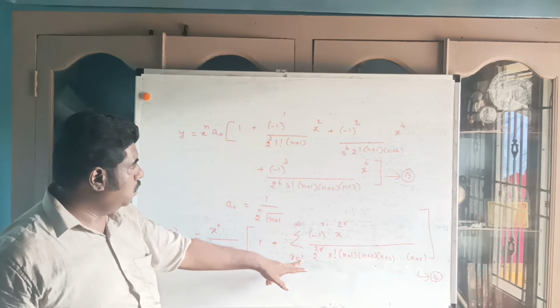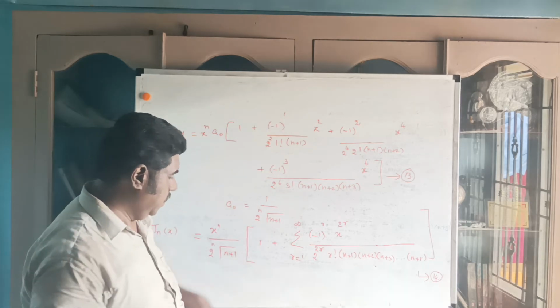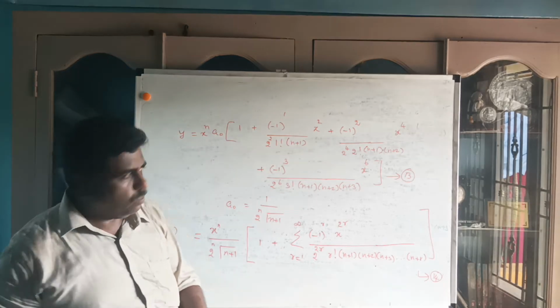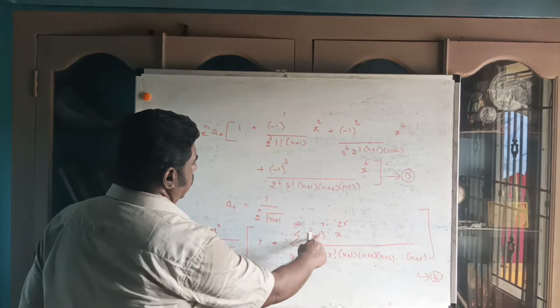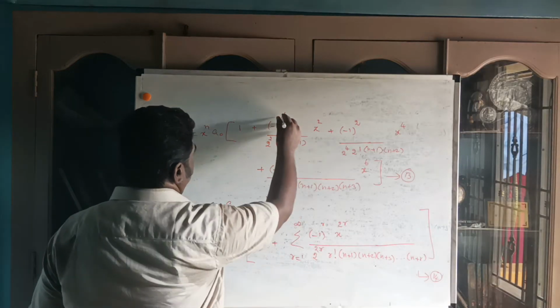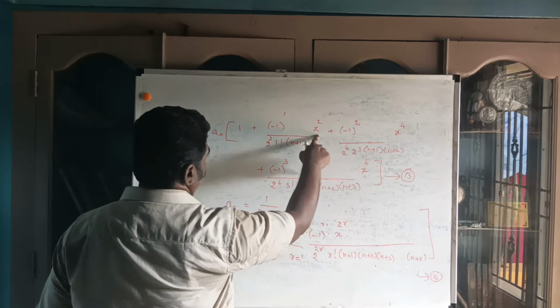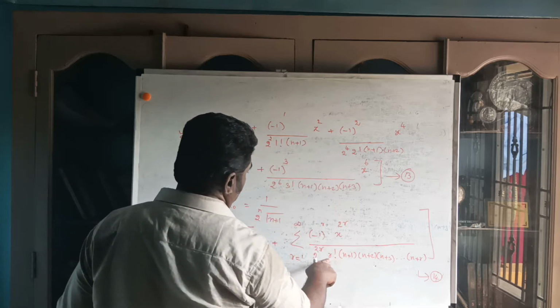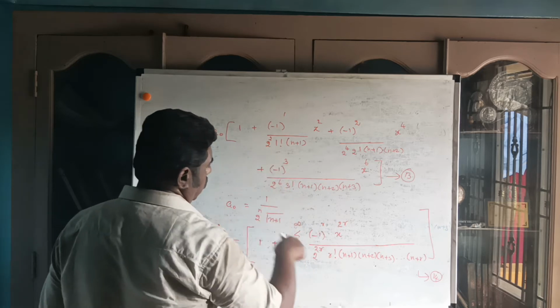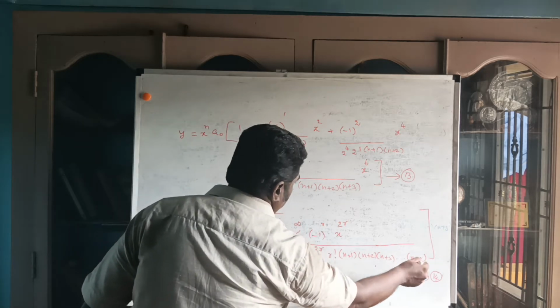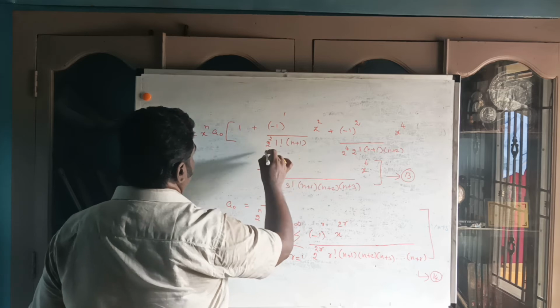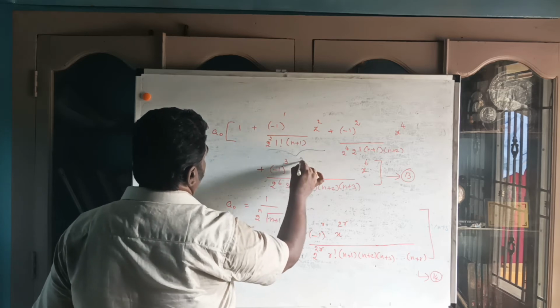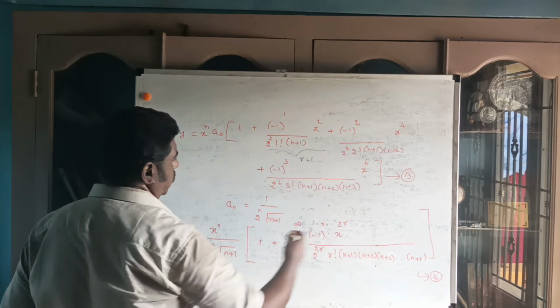If you put r equal to 1, we can get this first term: minus 1 power 1, then x power 2, 2 power 2. Here r factorial means 1 factorial. Here r equal to 1 means we get the first term n plus 1. So we can get this term if you put r equal to 1 in this expression.